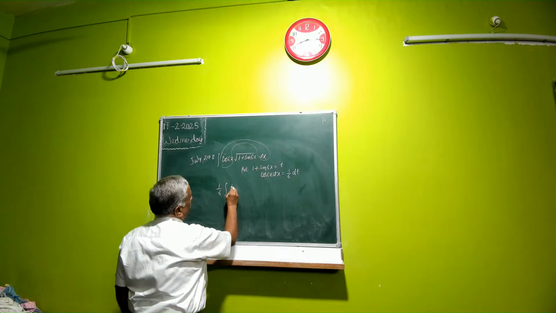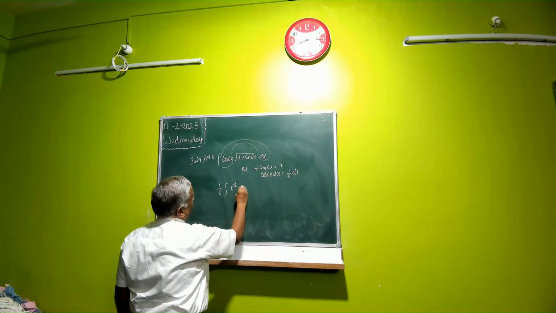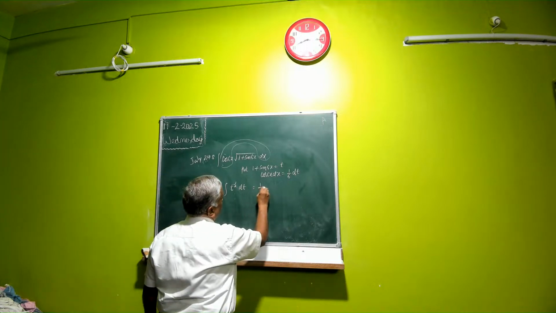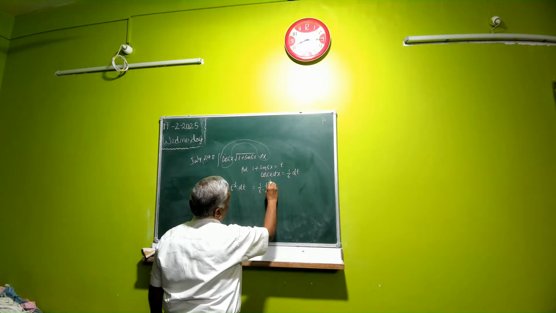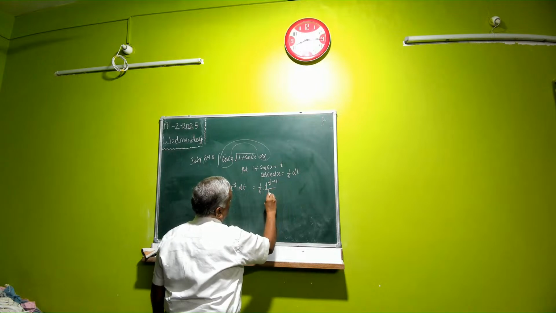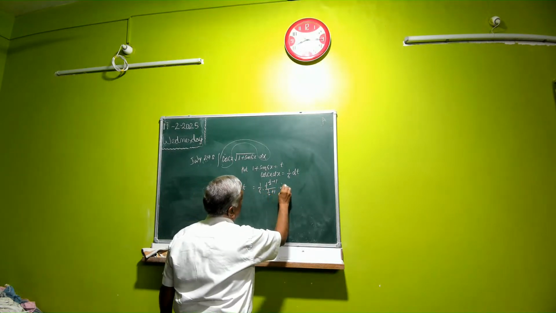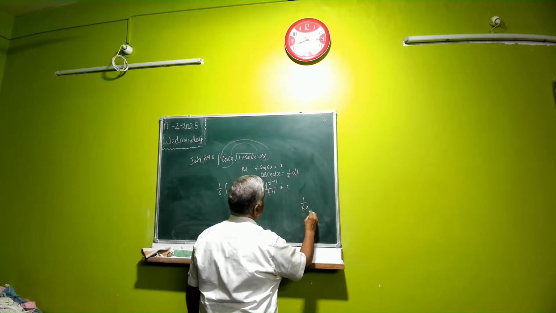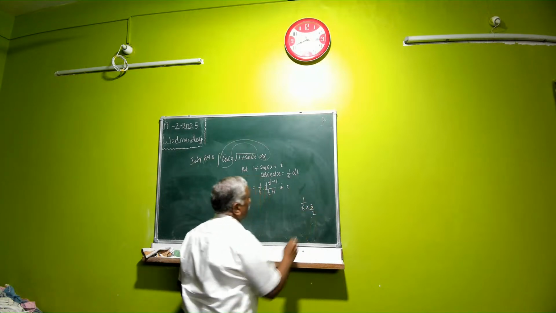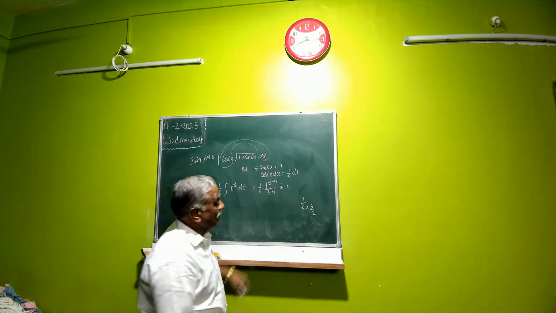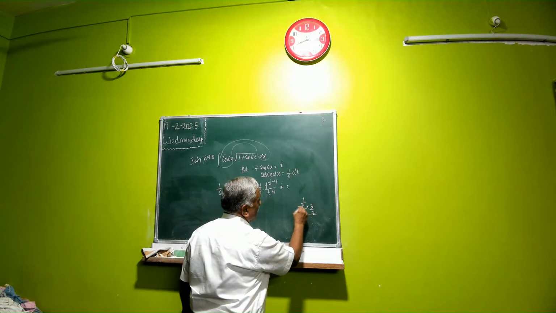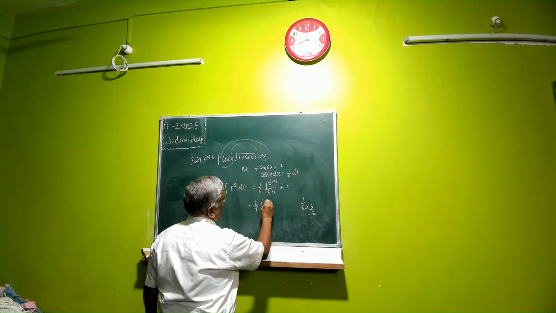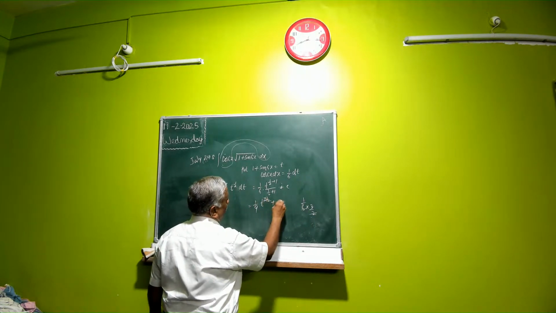So this is t to the power of half dt. 1 by 6 into t to the power of half plus 1 by half plus 1. What will happen is 1 by 6 into 3 by 2, because half plus 1 is 3 by 2. If you simplify this, you get 1 by 9 t to the power of 3 by 2 plus c.